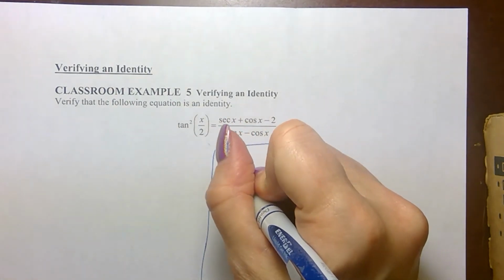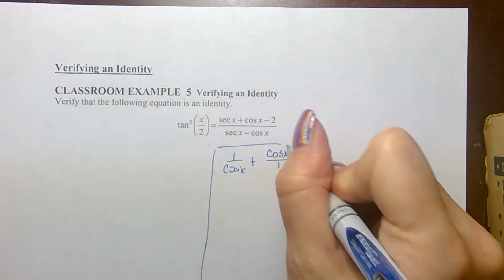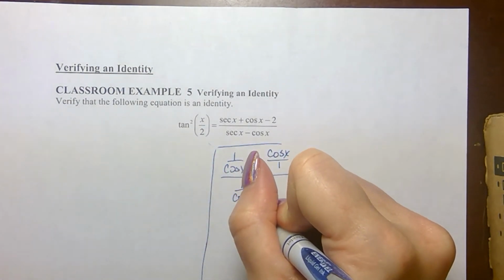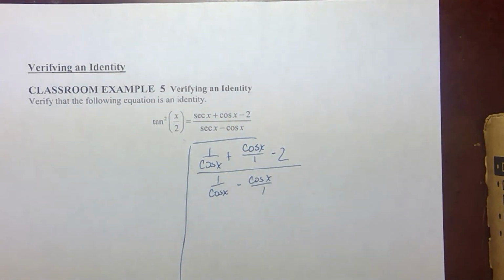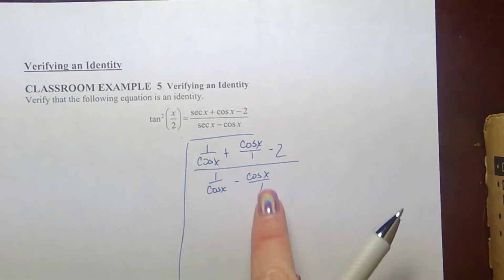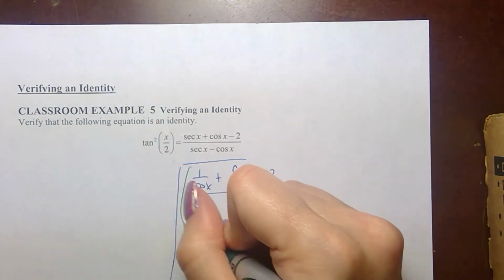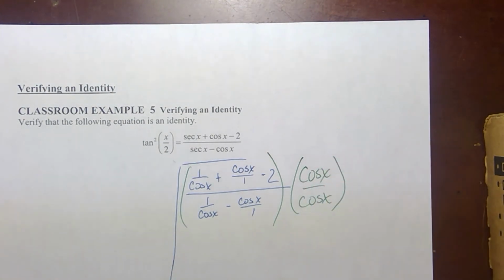Well, secant x is 1 over cosine x, plus cosine x over 1, minus 2, over 1 over cosine x minus, and I just put that cosine x over 1 because it helps me to keep things straight. You don't have to do that. You could have just said cosine x for these terms. I've got this rational expression I need to clean up. I'm going to clean it up by multiplying by my well-chosen 1, cosine x over itself.